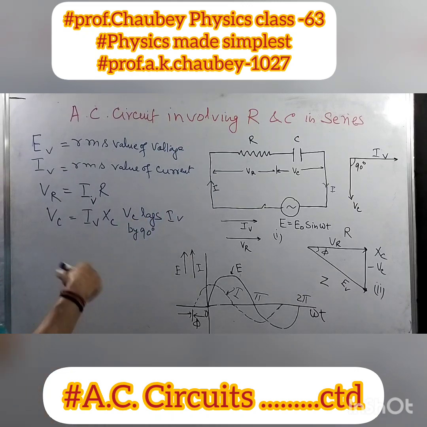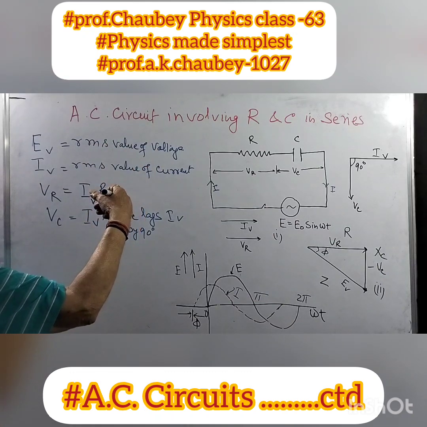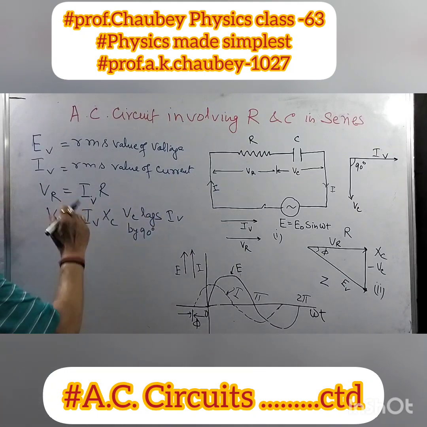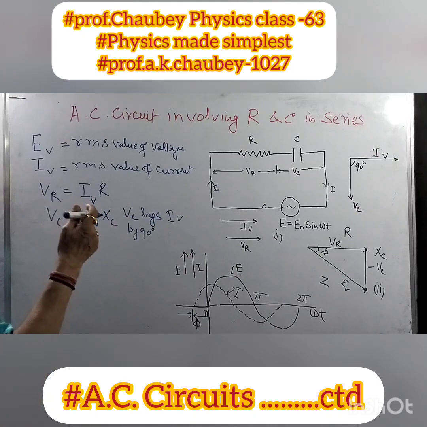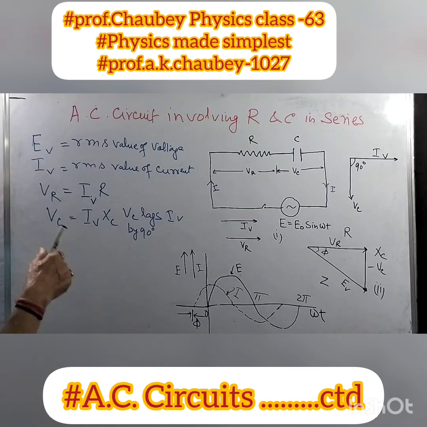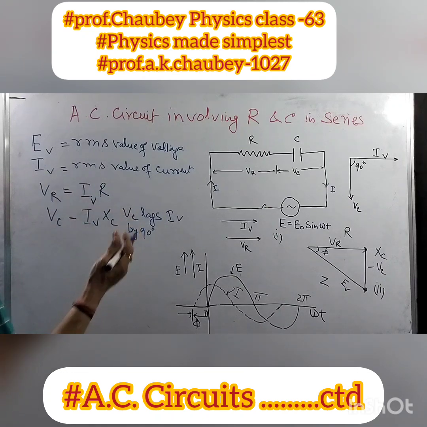Means when current is at positive maximum, VC is 0, like that. So VC lags, means condenser potential is behind by 90 degrees, while in an inductance, the current lags behind. Potential is more because of the back EMF.